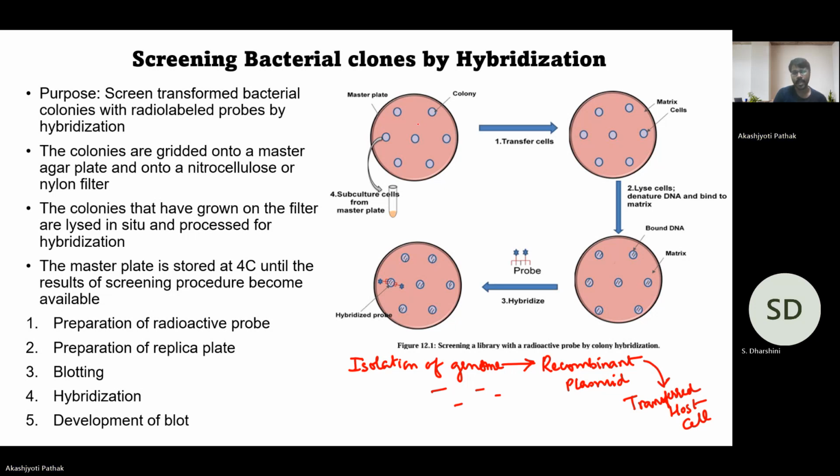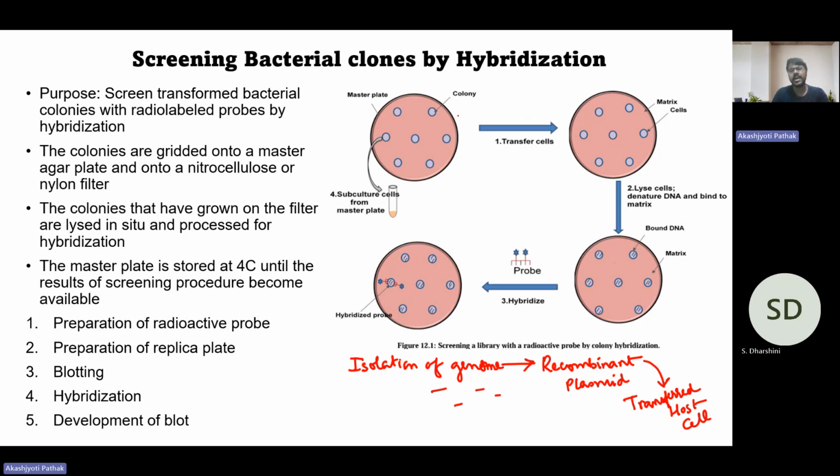Now, first of all, a replica plate is prepared. How a replica plate is prepared is, you can create an imprint of this in a separate agar plate.